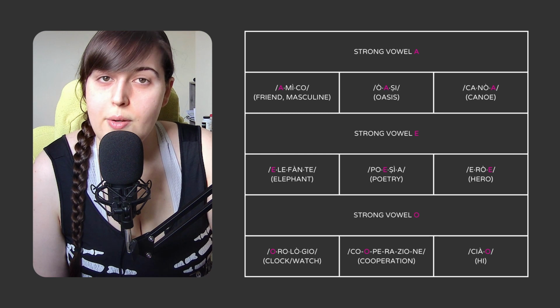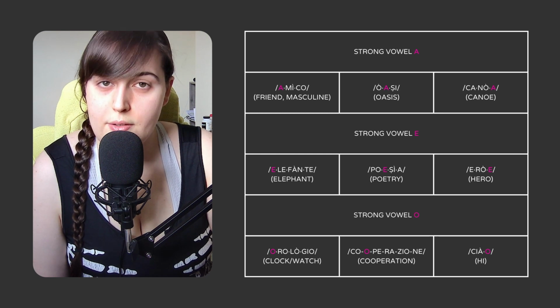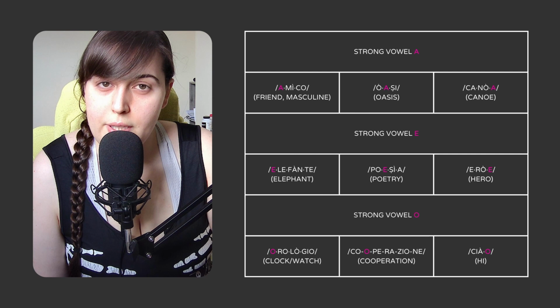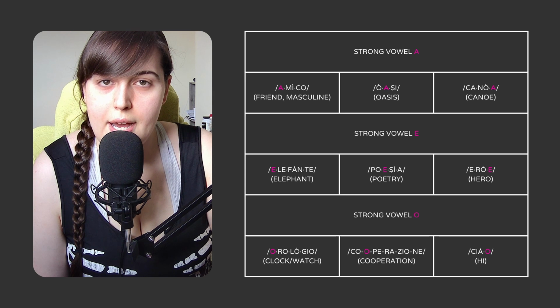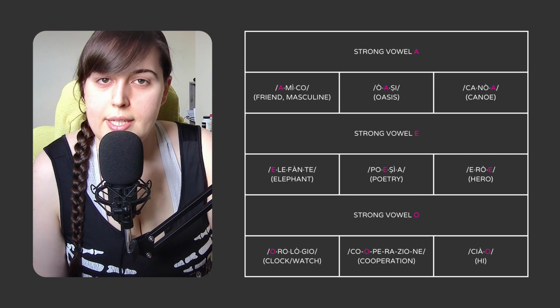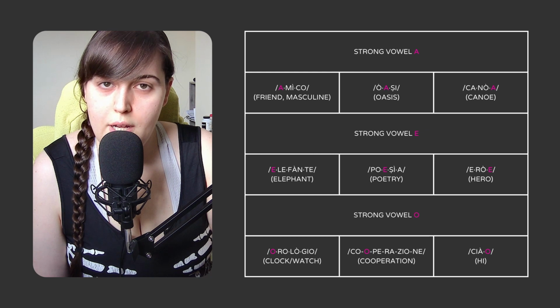At last, we can have O as a standalone syllable at the beginning of a word, for example, orologio, o-ro-lo-gio. In the middle of it, for example, cooperazione, co-o-pe-ra-zio-ne, or at its end, for example, ciao, cia-o.